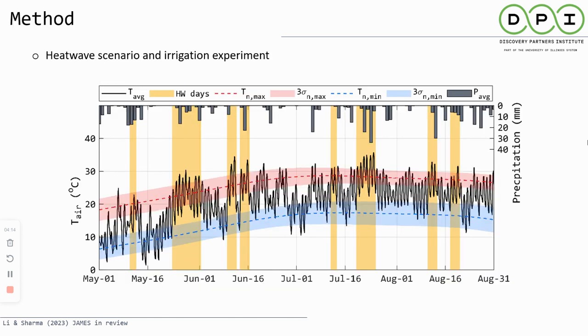So in this case, we run the simulation at the normal level. We don't do anything with the plants, and then after that we rerun the simulation with the irrigation function turned on, meaning we deliberately irrigate the soil every night to its threshold. Then it will give more water availability to the plants to see what's the difference between these two.